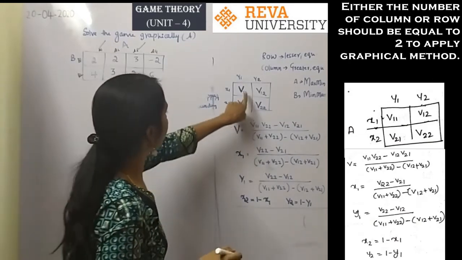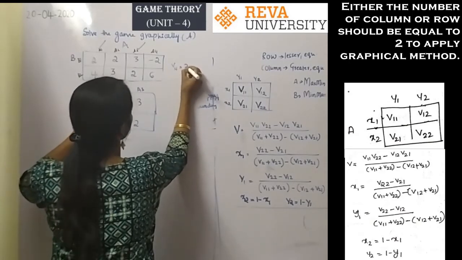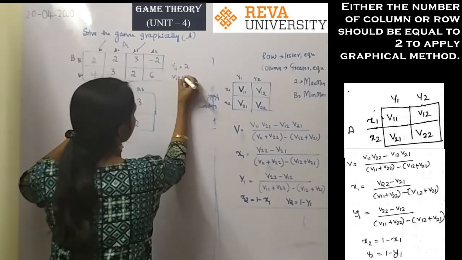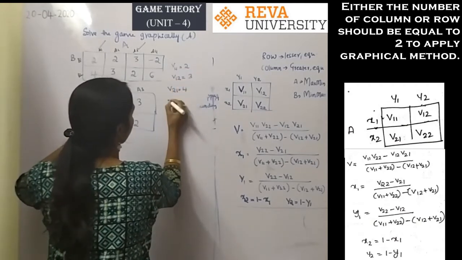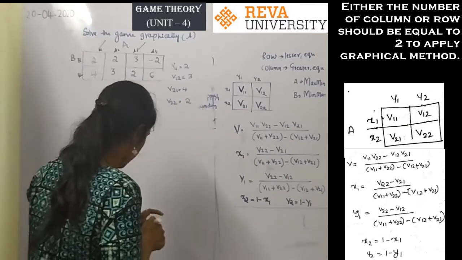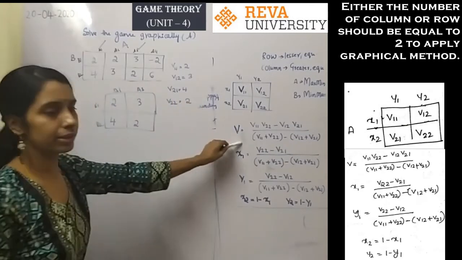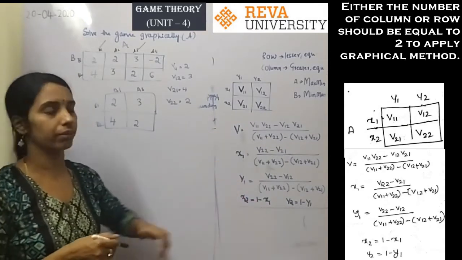Now, what is the value of V11? V11 is equal to 2. V12 is equal to 3. V21 is equal to 4. V22 is equal to 2. Now, substitute these in the equations and get the V value, x1, y1, x2 and y2.